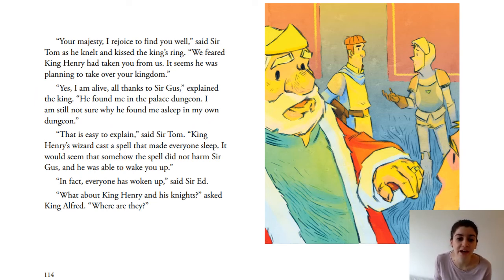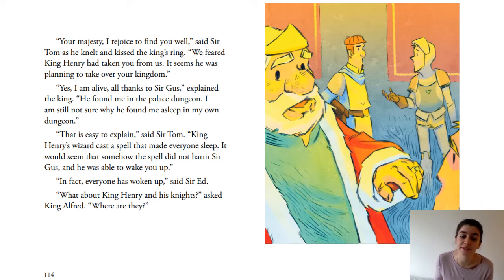"Your Majesty, I rejoice to find you so well," said Sir Tom as he knelt and kissed the king's ring. "We feared King Henry had taken you from us. It seems he was planning to take over your kingdom." "Yes, I am alive. All thanks to Sir Gus," explained the king. "He found me in the palace dungeon. I am still not sure why he found me asleep in my own dungeon."